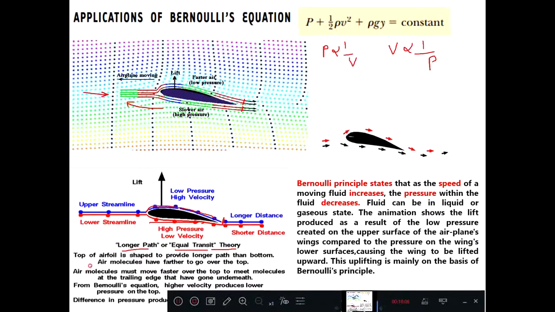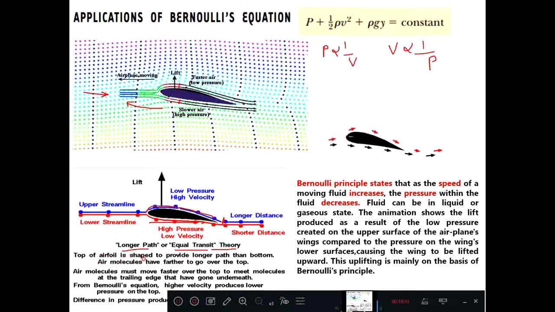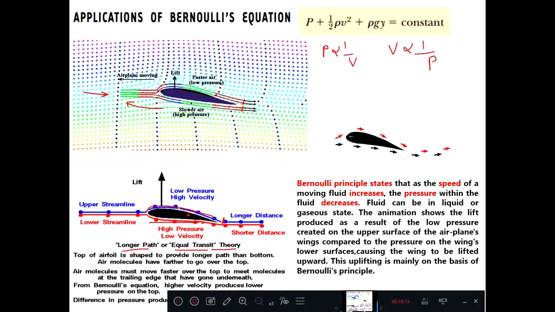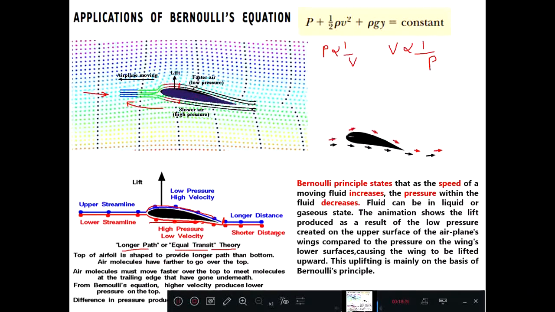It is written here, top of aerofoil is shaped to provide a longer path than the bottom.